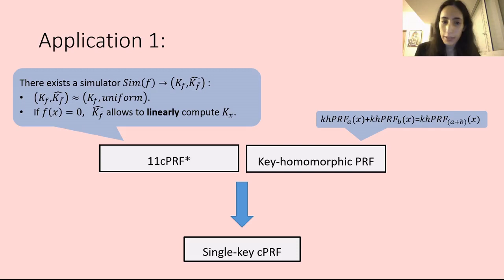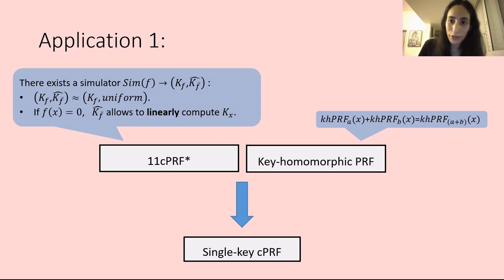One is k sub f, which would be identical to the standard k sub f that I would get in the 1-1 constraint PRF. But in addition, I also want to get another value that I call here k hat of the complement of f.